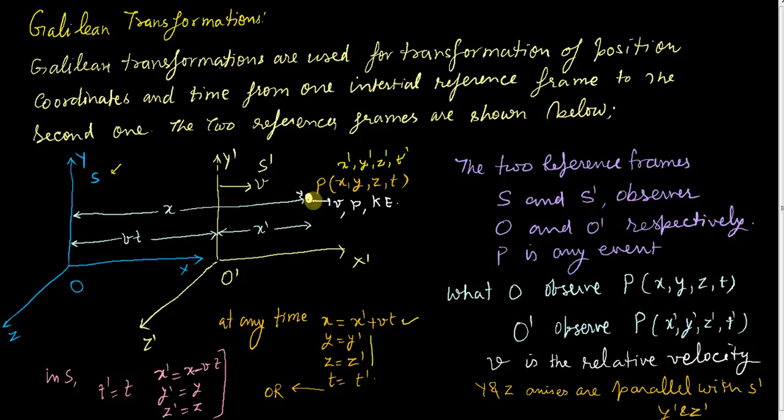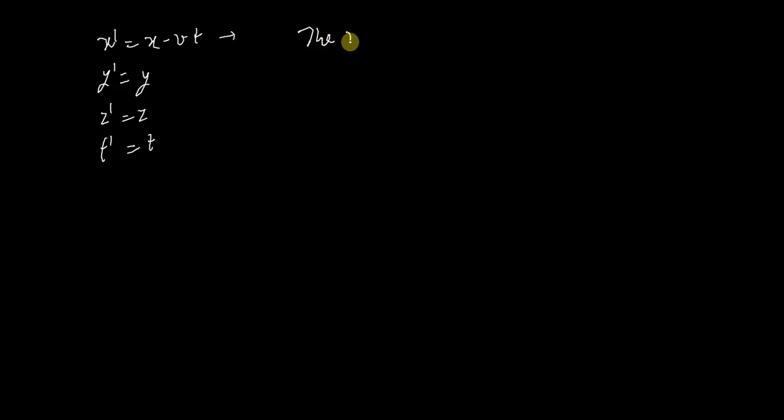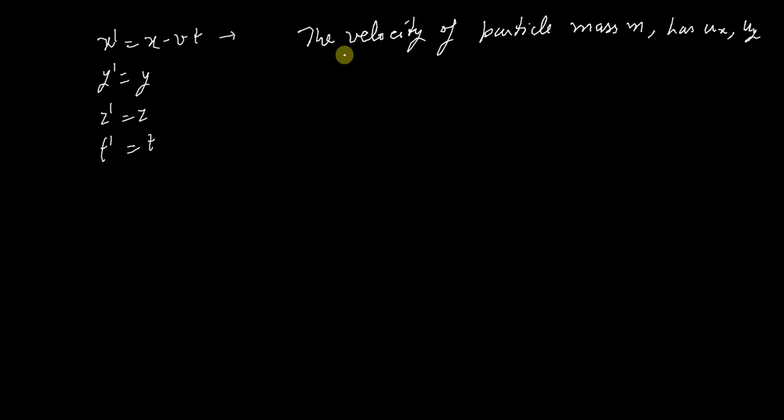So we have to find out now the components of the velocity, the momentum, and the energy of this particle in the S prime frame. The velocity of the particle of mass m has ux along the x-axis, uy along the y direction, and uz along the z direction.